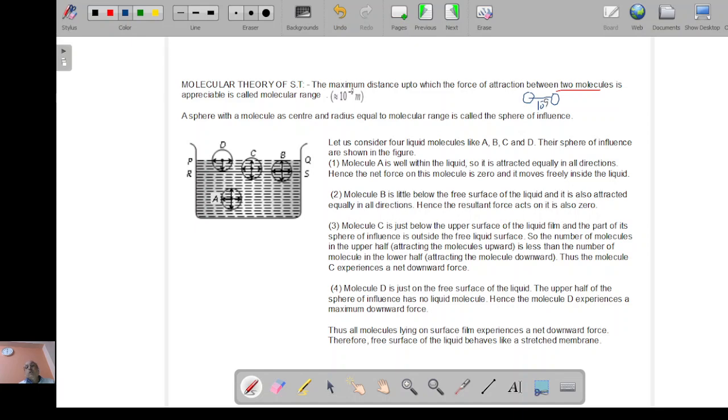So a molecule surrounded by other molecules will make a sphere.